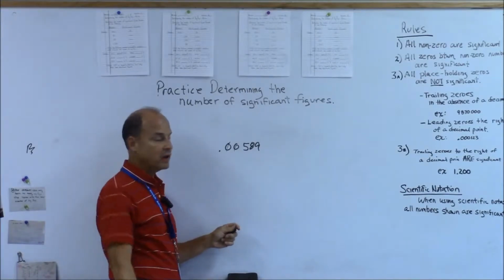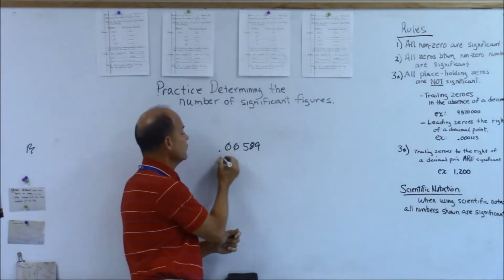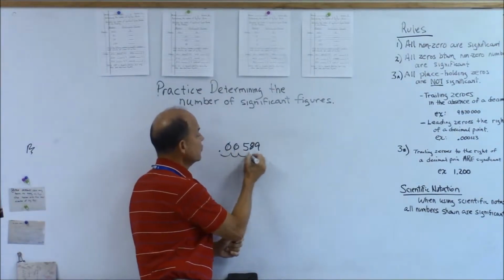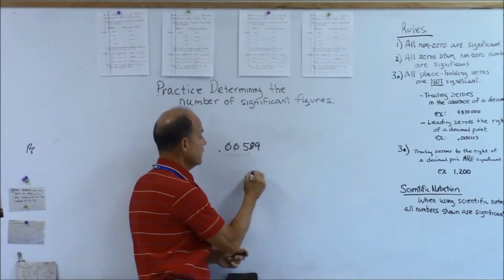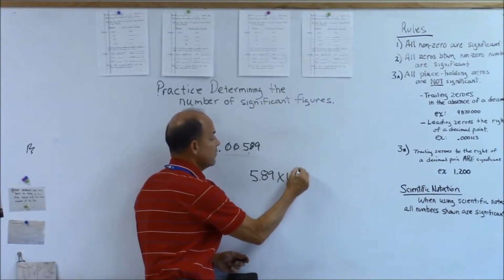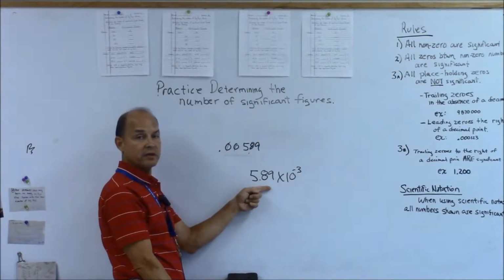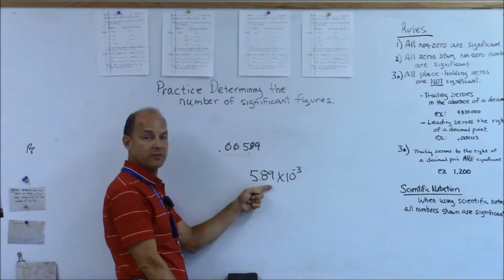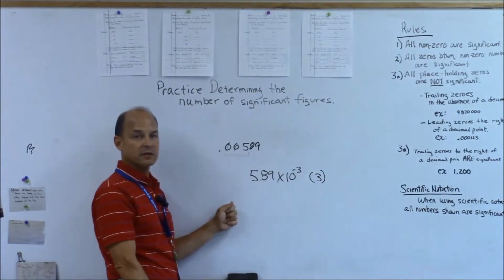So let's just be aware of that up front. When we convert this to scientific notation, we're moving the decimal point 1, 2, 3 over to the right. So this number would become 5.89 times 10 to the minus 3. We've only written 3 figures here, and all of those 3 are significant. Okay.